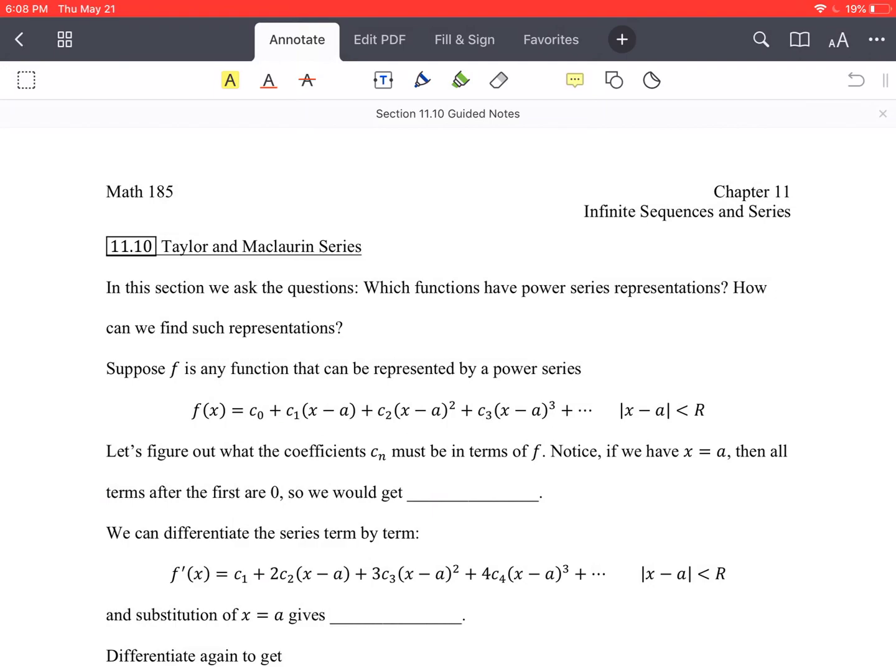So notice, if we have x equal to a, then all the terms after the first one are 0. So we would get f of a equals c sub 0. We can differentiate that first series term by term. That gives us f prime of x equals c1 plus 2c2 times x minus a, etc., just the derivative.